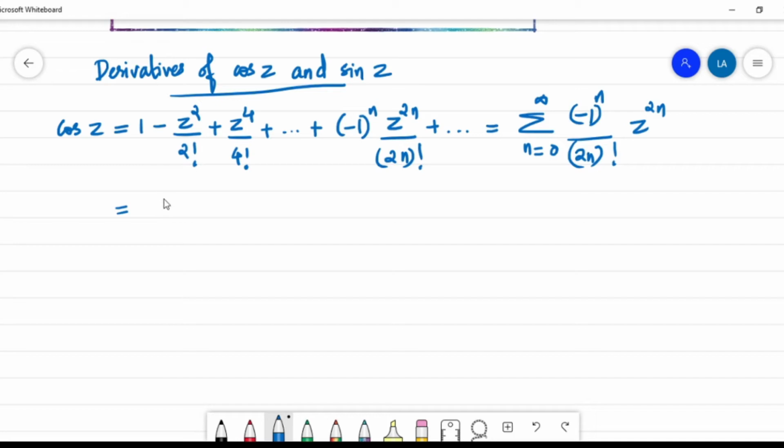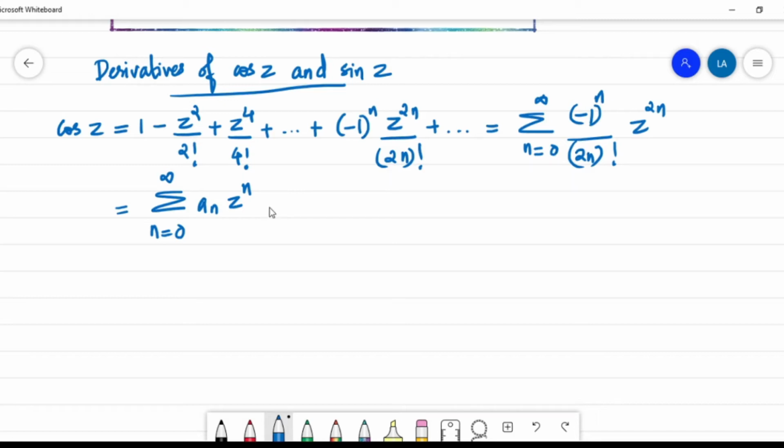Suppose I say that this is equal to summation n equals 0 to infinity a n into z raised to n. Note that the z raised to 2n will mean that only the even powers of z will exist in the power series, right.